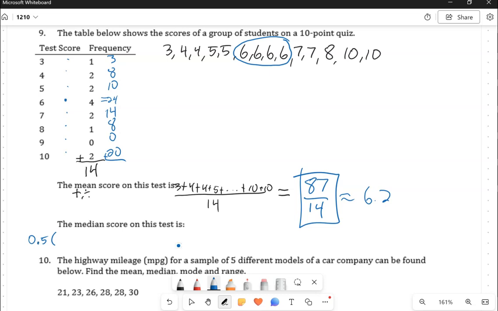0.5, there are 14. Half of 14 is 7. If it's a whole number, you do the mean of the 7th and 8th. This would be the percentile method.